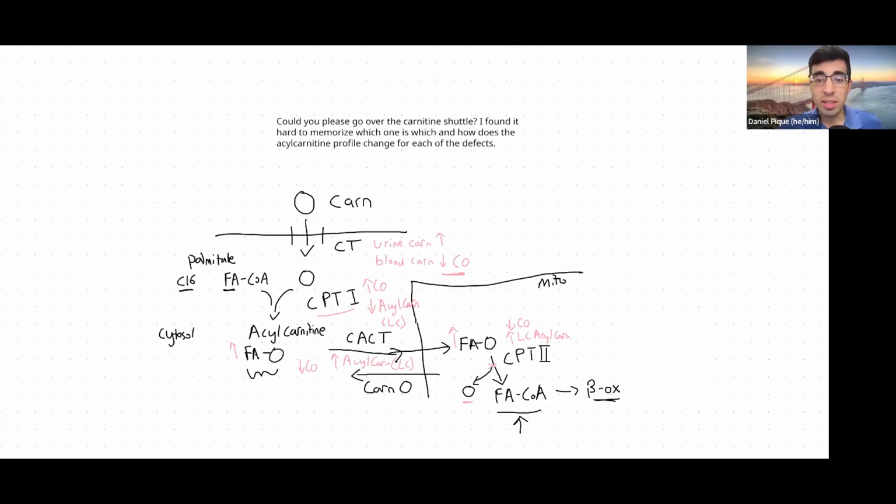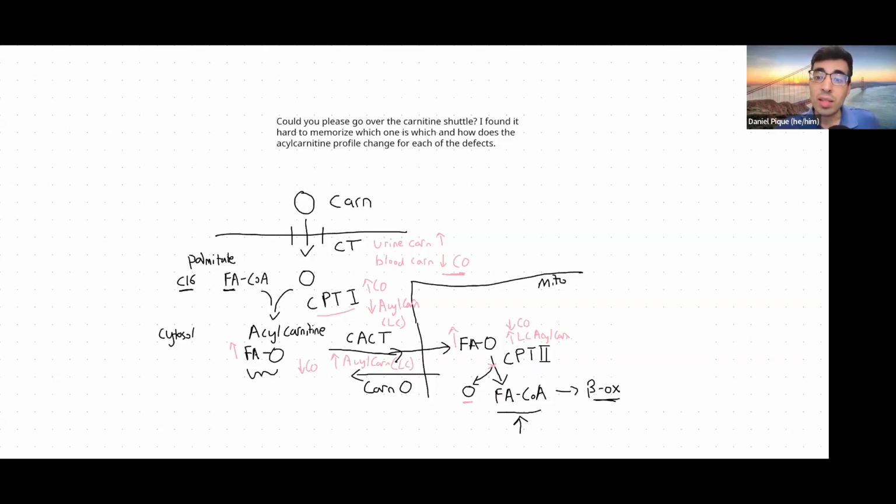To summarize, we've walked through the carnitine shuttle. The purpose of this shuttle is to assist long-chain fats to get into the mitochondria. There's a series of 4 enzymes that are very important for this process to take place: the carnitine transporter, CPT1, CACT, and CPT2.